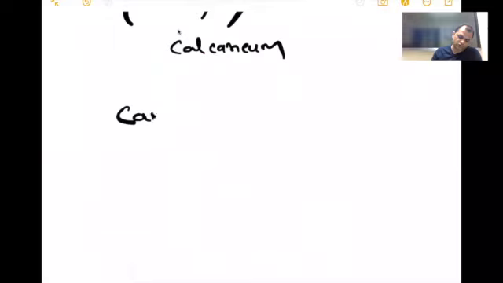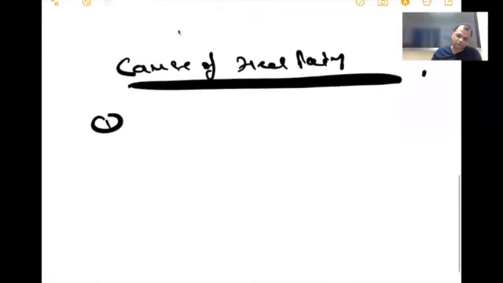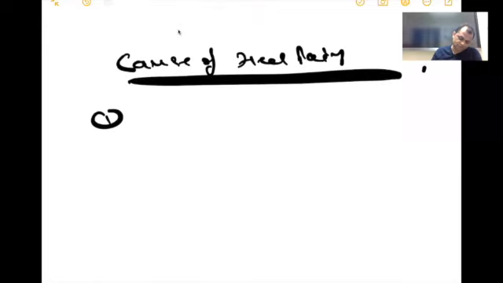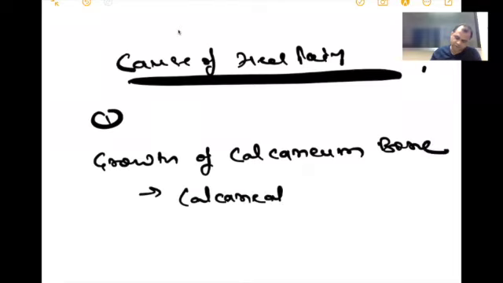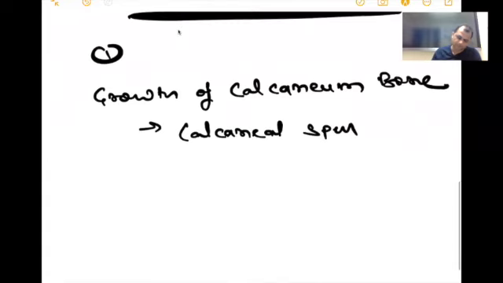So the causes for the heel pain. Number 1 cause, the growth of the bone, the growth of calcaneum bone or called calcaneal spur.